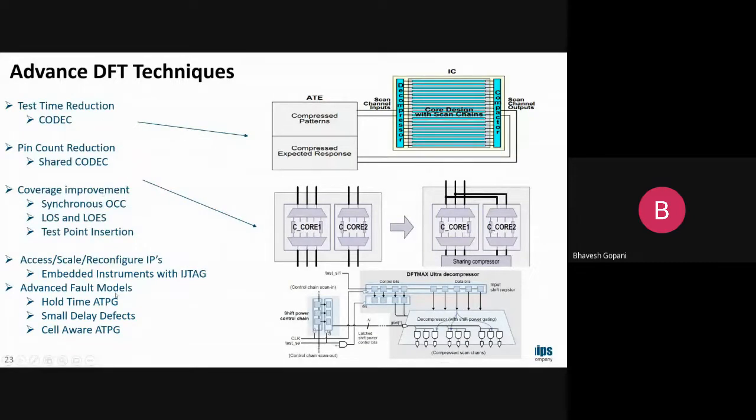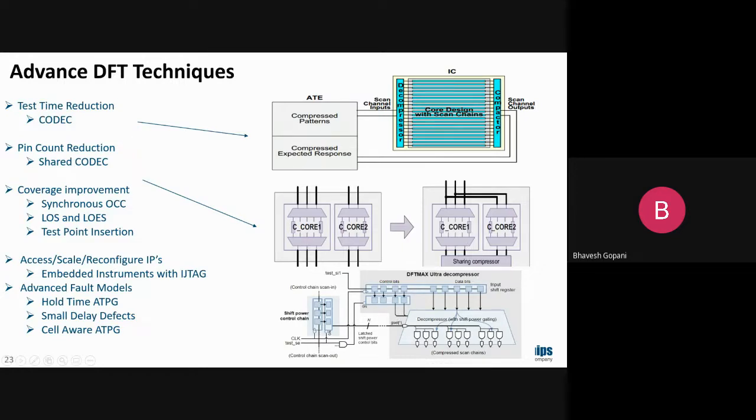If I have a pin count limitation on the design side, let's say only 3 pads, 3 IOs are available for DFT purposes, I need to do pin sharing. Certain multiplexing techniques are used to share codec 1 and codec 2 across the different cores, and to share the compressor for each. These different methodologies need to be architected before starting the DFT.